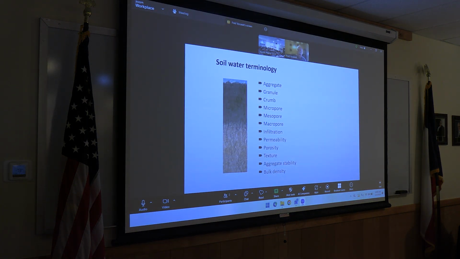These are some terminologies. When we start talking about soil, we'll be addressing these different descriptors and what they mean. Just kind of boil it down. Aggregate, granule, and crumb: little chunks of soil. Micropore, mesopore, and macropore: the holes in the soil, the holes between those chunks.